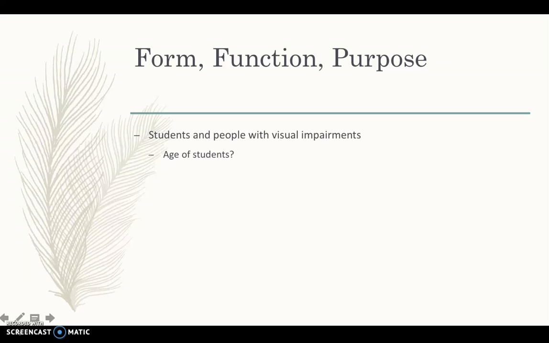The age of students can be difficult to navigate because accessible technology is something that's dependent on the student. When I was trying to learn how to use VoiceOver, some of the key commands were a little confusing. So this would be best decided on a student by student basis, because if a student is very tech savvy, they may be able to use this at a younger age than someone who is not as tech savvy.